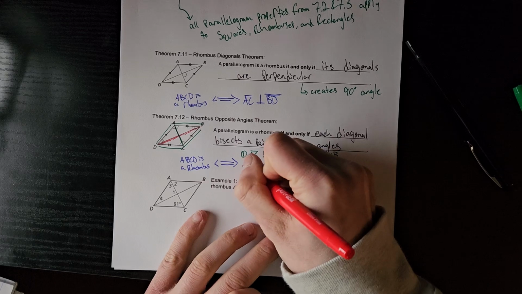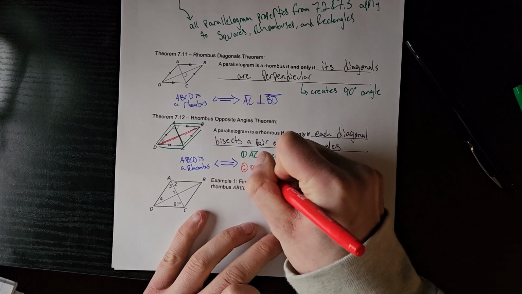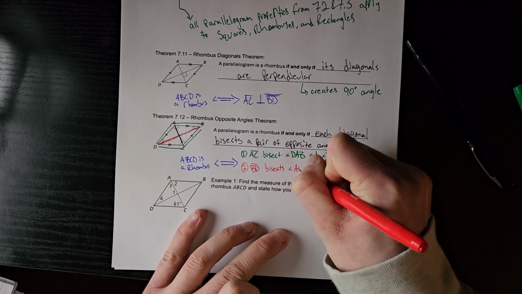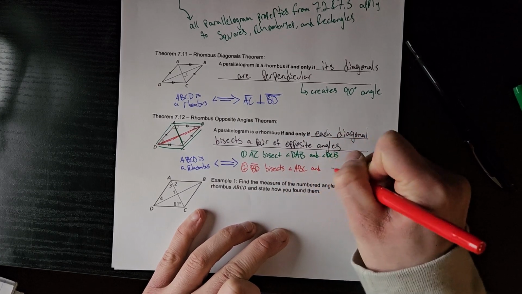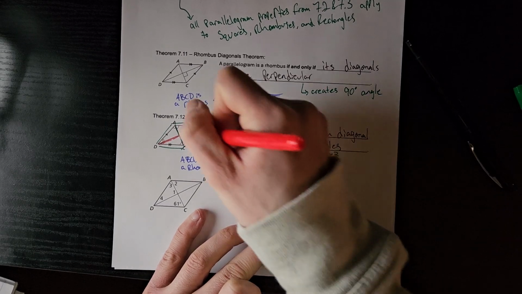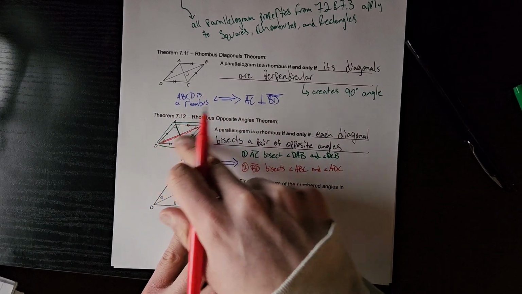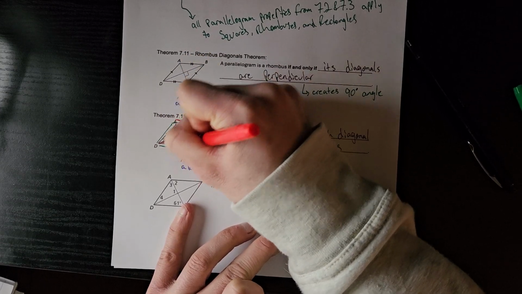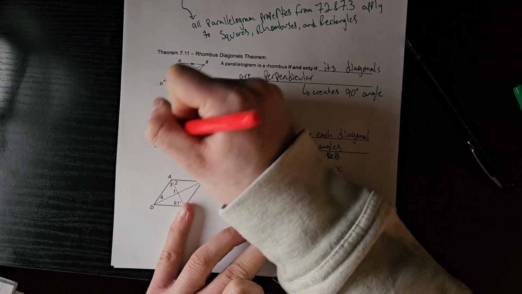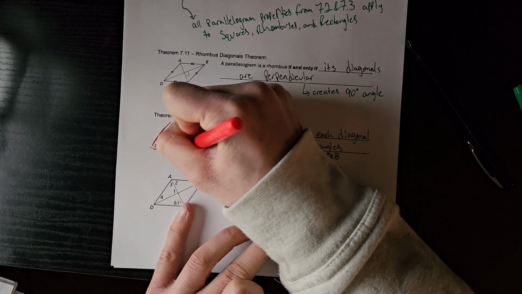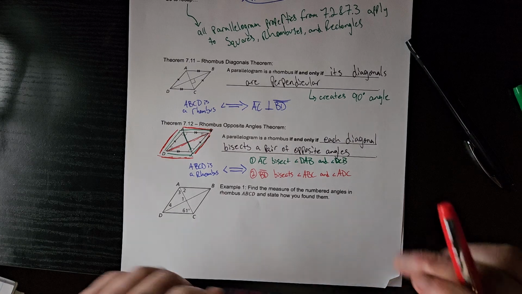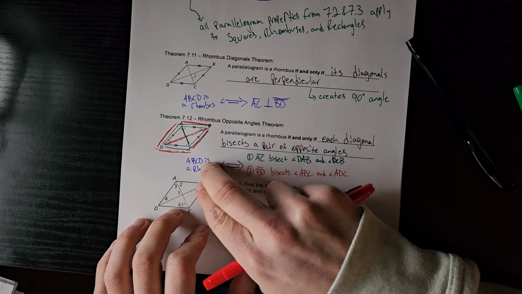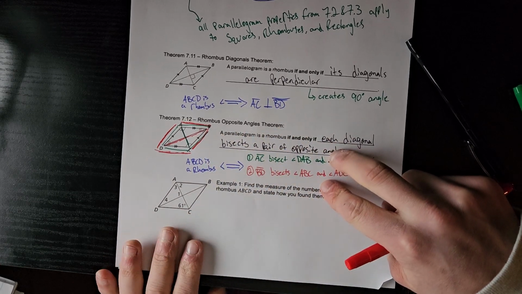And two, that segment BD bisects angle ABC and angle ADC. So our red line BD has to bisect angles ABC and ADC. Very clustered right there. But if these two conditions are met, then it's going to be a rhombus. If we are given a rhombus already, then these two statements have to be true.